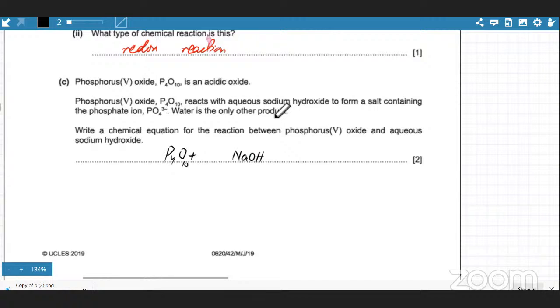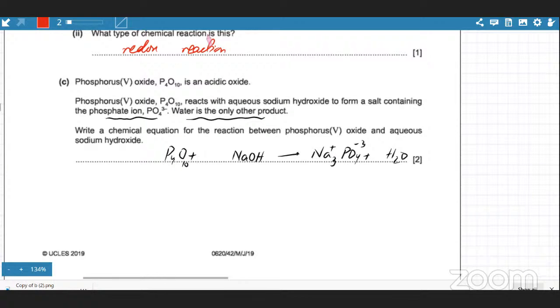And the product that's going to be formed is water, the only other product, and there's going to be a salt that contains phosphate ion. The only salt that's possible is sodium phosphate. So Na is +1, PO4 is -3. So we're going to form that salt. It's going to become Na3PO4, and we need to balance this equation.